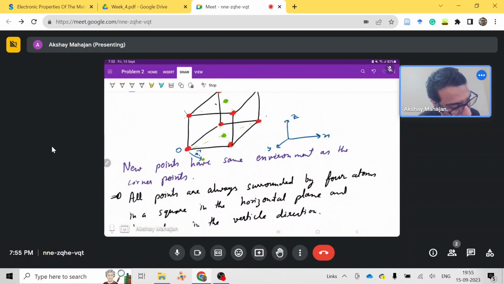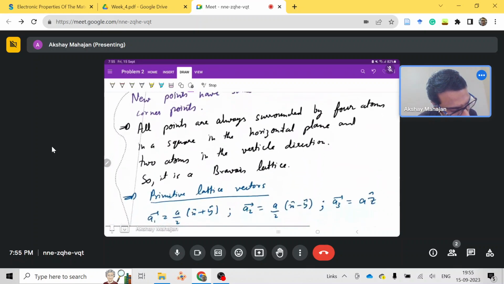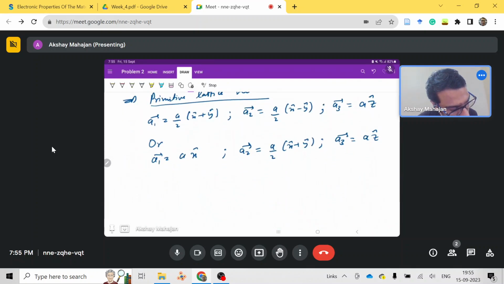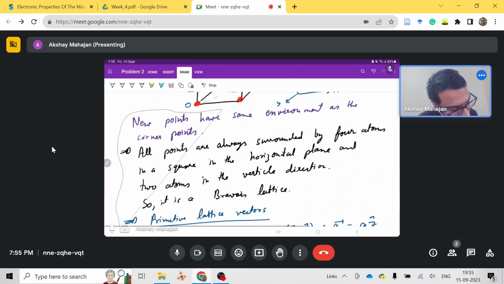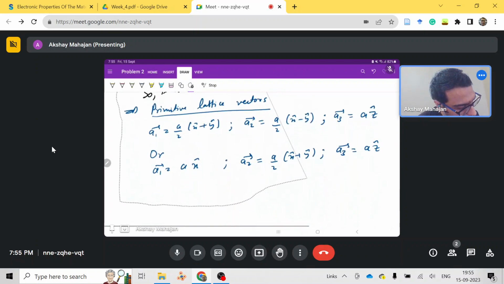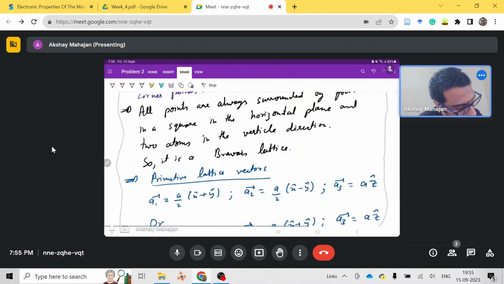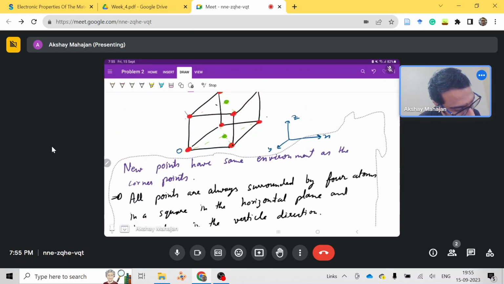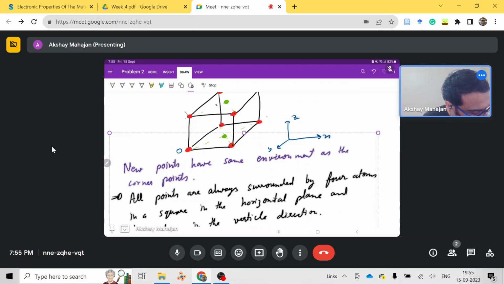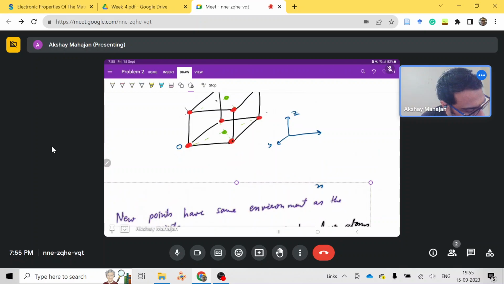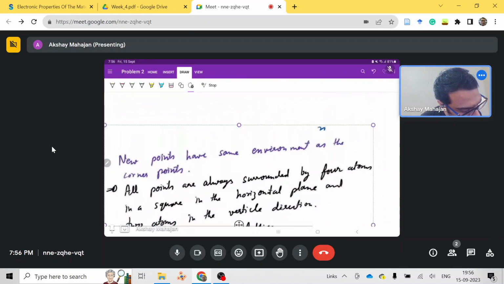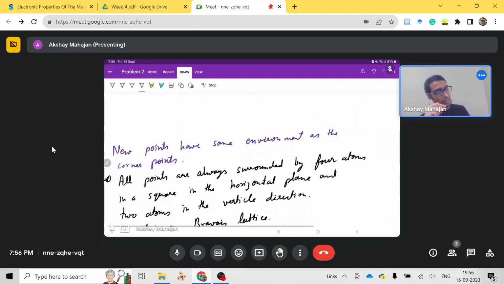And here, if we apply a periodic boundary condition, there will be a green point. If we extend this cube, there will be a green point, but I can't draw it here. Let me just move everything down.